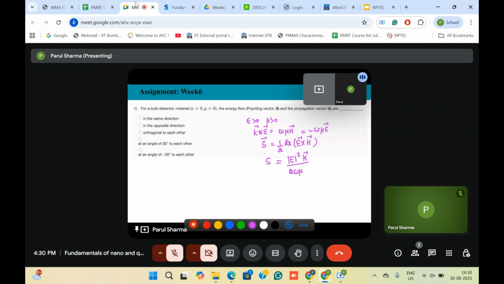So if mu is positive, mu is greater than 0, then my Poynting vector is in the same direction as k. So S is in the same direction.